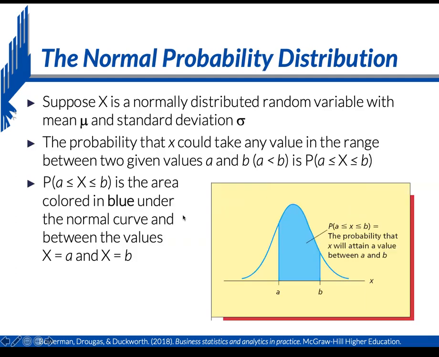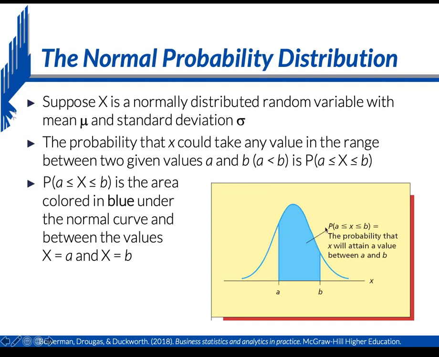Now, since the normal probability distribution is one specific kind of continuous probability distribution, then an area under the normal curve is also considered as a probability. So just like the example earlier, if you have this normal curve and this shaded part as the area under the curve between values A and B, then we can denote this as a probability.